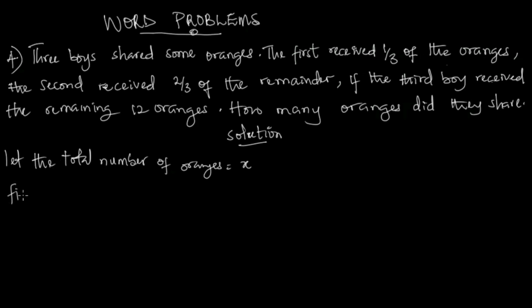The first boy received 1 over 3 of the oranges, because we have x as the total number of oranges. So if the first boy has received 1 over 3 of x, that means the remainder is equal to x minus 1/3 of x.